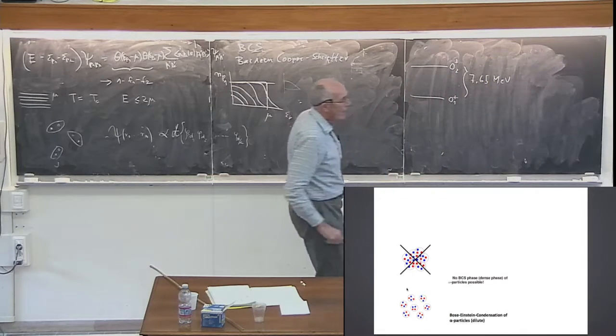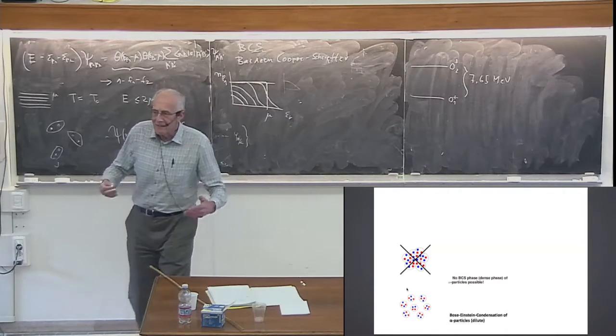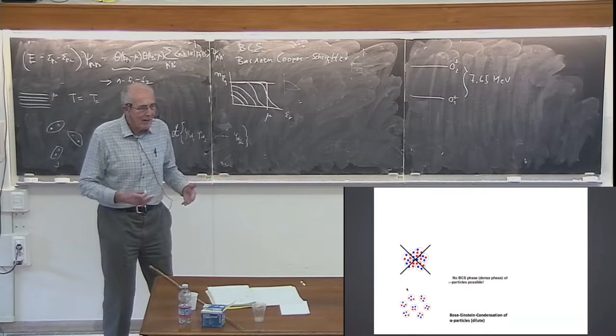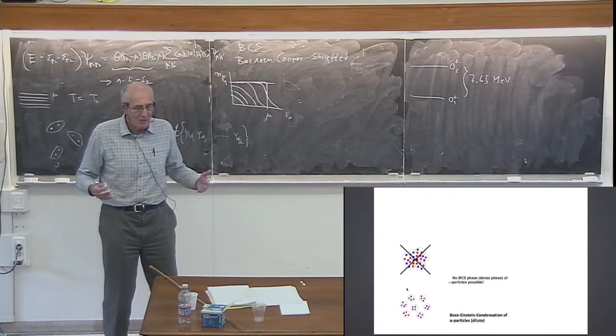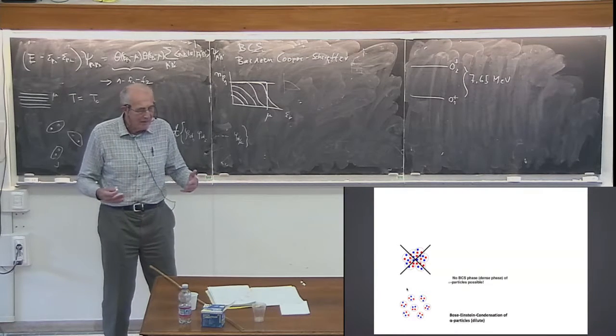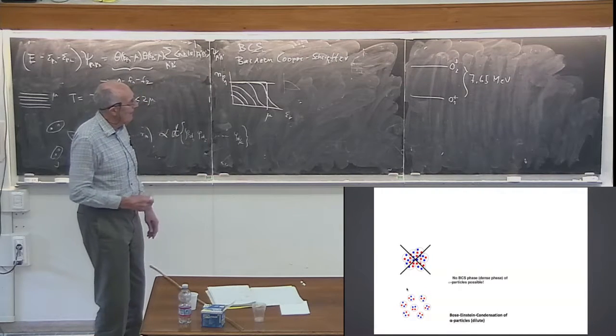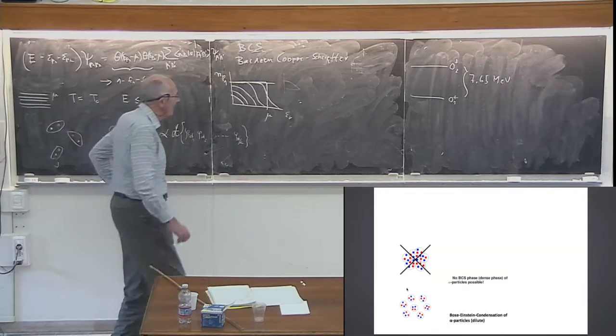And I told you that this state is the entrance state for the triple alpha reaction, because beryllium-8 is unstable, and this state enhances very much the triple alpha reaction.